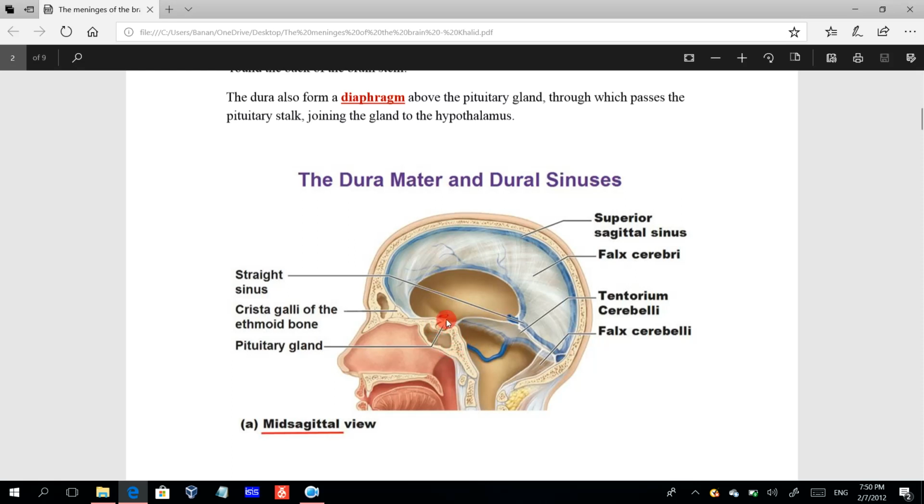And this is the stalk of the pituitary gland that is attached to the hypothalamus above. So this diaphragmatic structure of the dura mater covers the sella turcica and is pierced by the stalk of the pituitary gland to be attached to the hypothalamus.